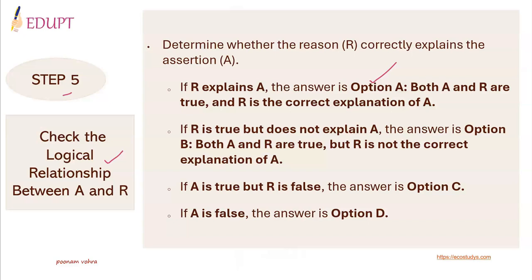If reason is true but does not explain A, then the answer is option B. That is, both assertion and reason are true, but reason is not the correct explanation of A. If assertion is true but reason is false, the answer would be option C. If assertion is false, then the answer will be option D.